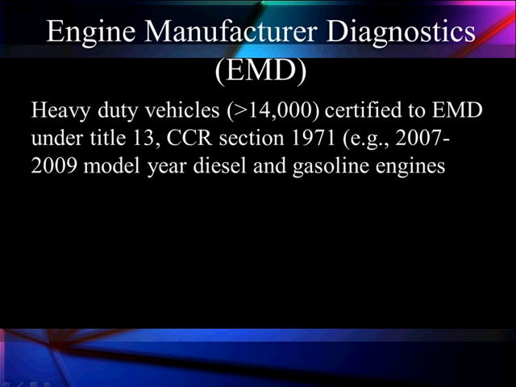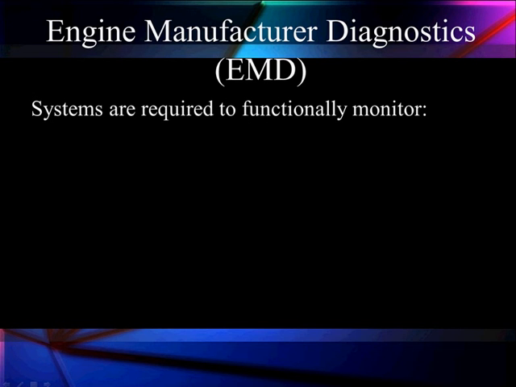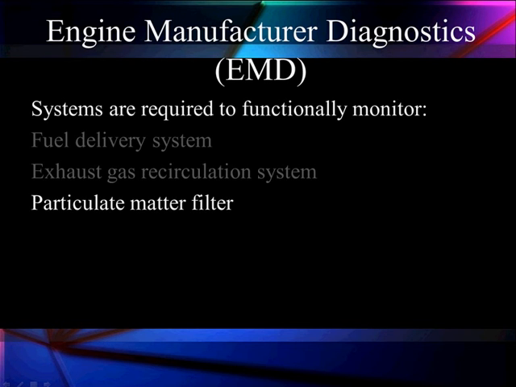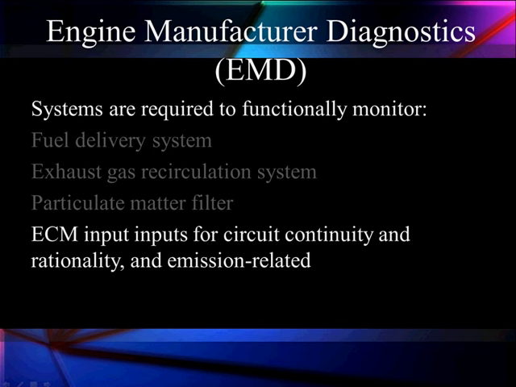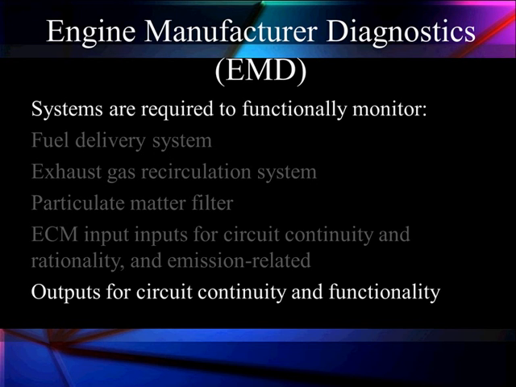Heavy-duty vehicles, those vehicles greater than 14,000 pounds, are certified under engine manufacturer's diagnostics. That's up until 2009. They require the same functionality type things we had with OBDII, more or less. They have to look at fuel delivery, exhaust gas recirculation, particulate matter, the emission-related things, and so forth.